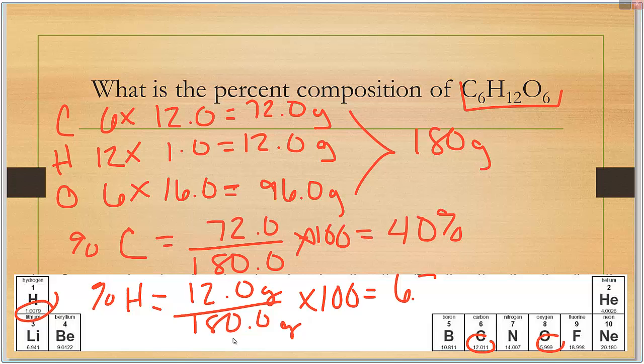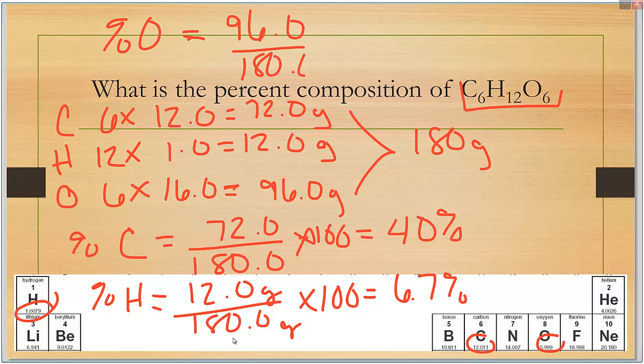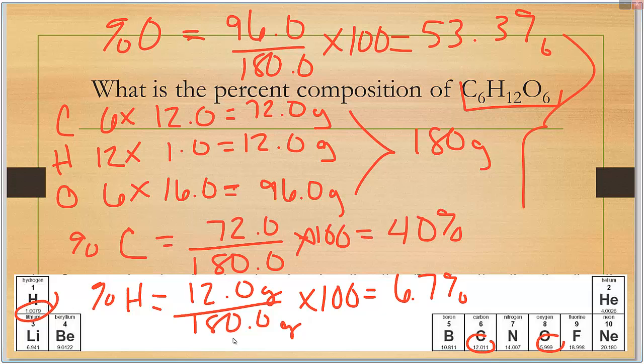And finally we have oxygen. I'm going to put that one at the top because I'm running out of room. So the percentage of oxygen is equal to 96.0 over 180 times 100. And that comes out to be 53.3%. All three of these numbers, the 53.3, 40, and 6.7, should all add up to 100%.